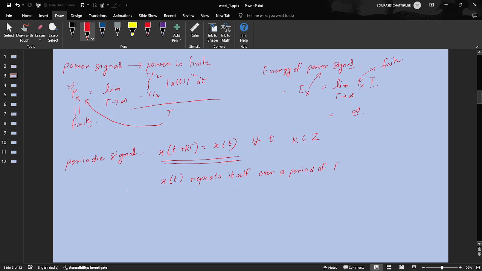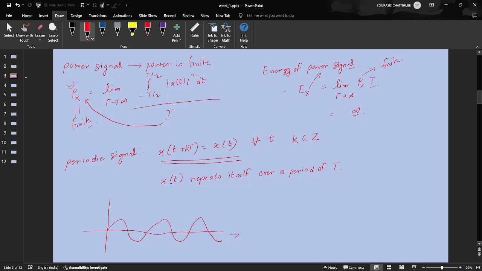The simplest example would be something like this. You consider a sine function. I would give the expression of the sine function later, but first I would like to draw it. So you consider this kind of function, and it goes on like this.